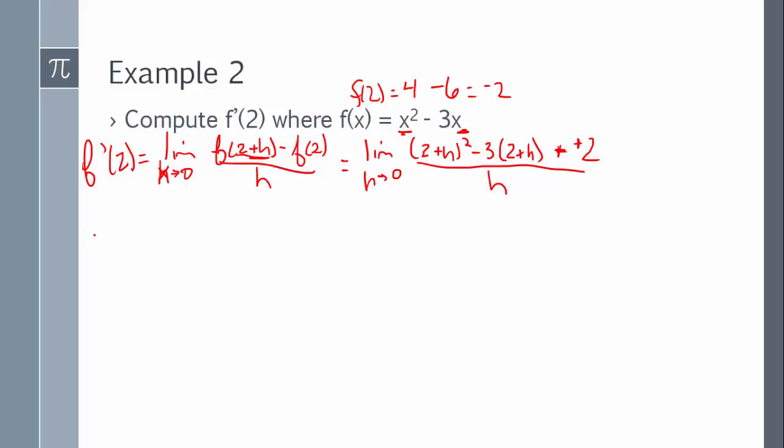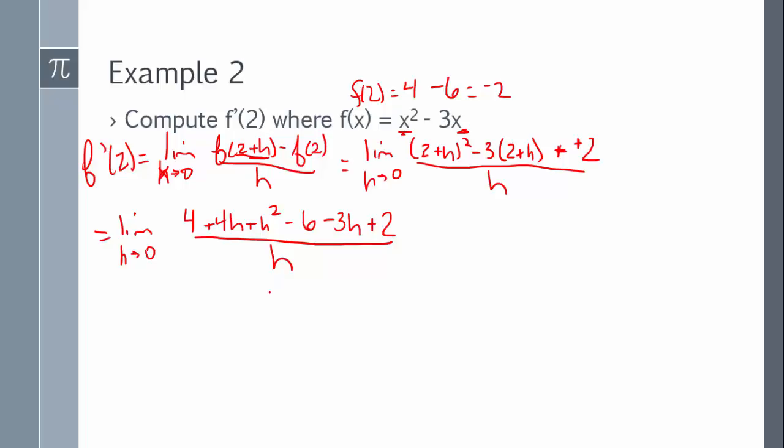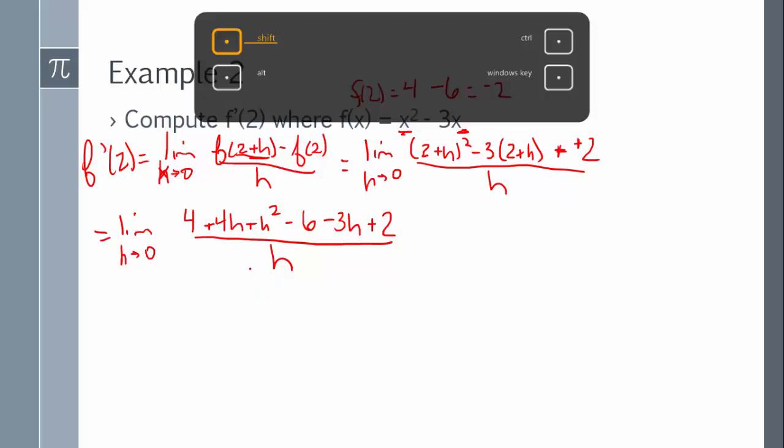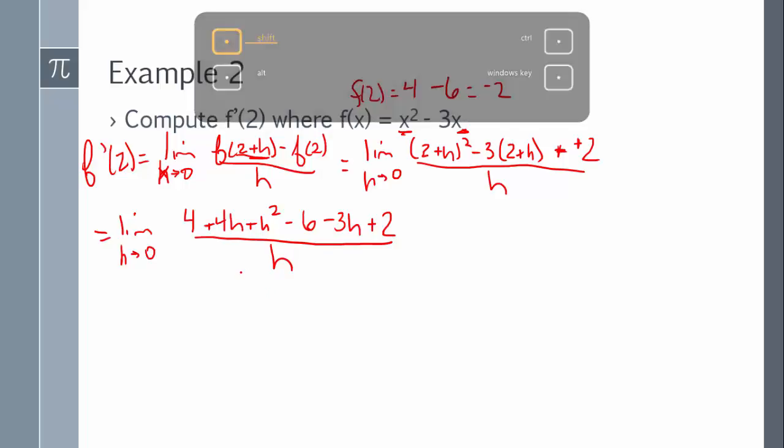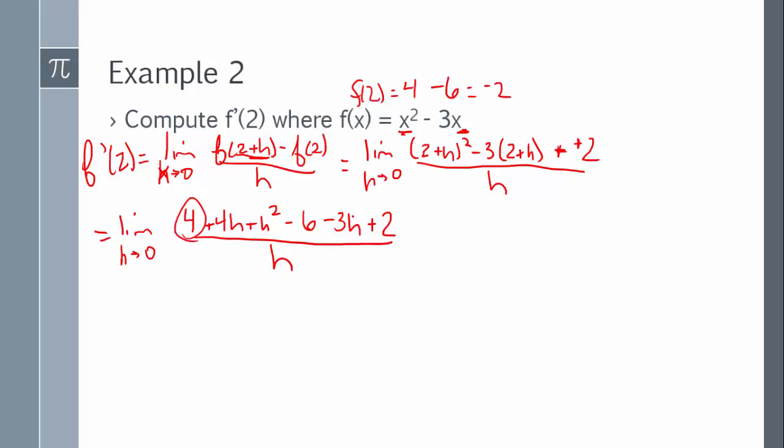Now we want to start to expand our parentheses. So the limit as h approaches 0 of 4 plus 4h plus h squared minus 6 minus 3h plus 2 all over h. Okay, so let's do some cleanup. I've got a positive 4, a positive 2, and a negative 6, so let's cancel all that out.